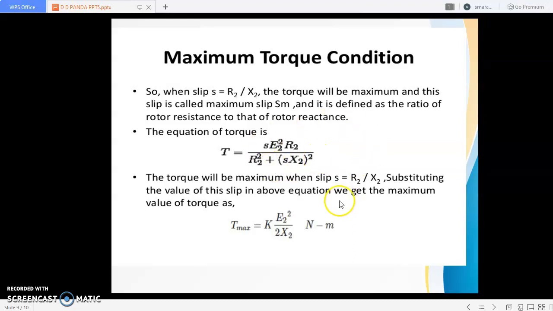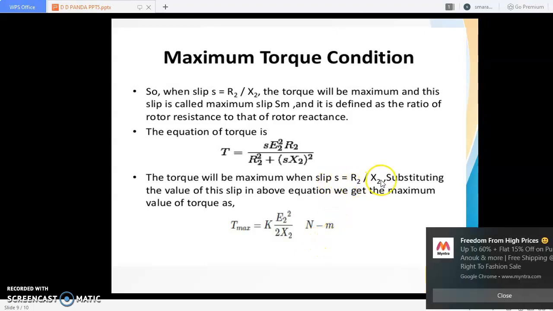Now we will put the value for the maximum torque condition. Instead of slip, we will write R2 by X2, which becomes T max equals K whole into E2 square by 2X2 square Newton meter. So, this is the condition of maximum torque in an induction motor.